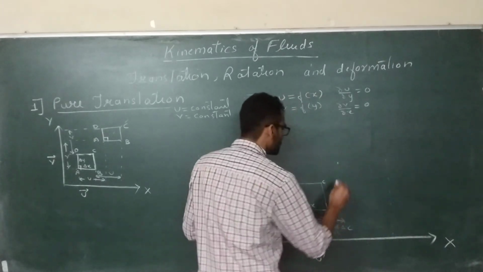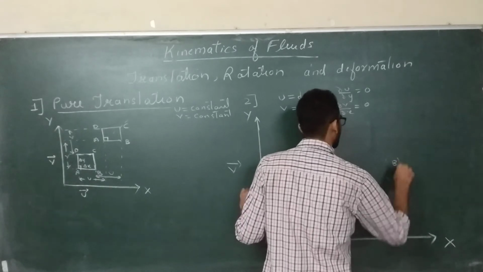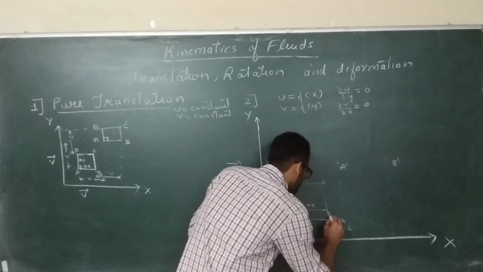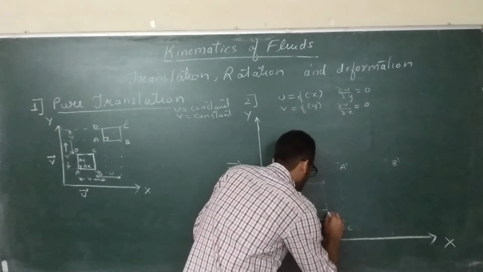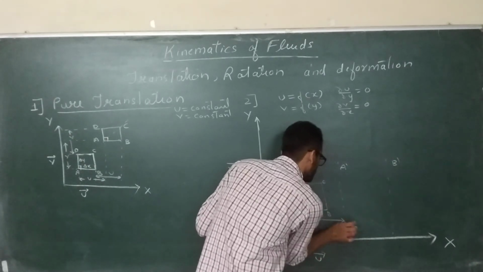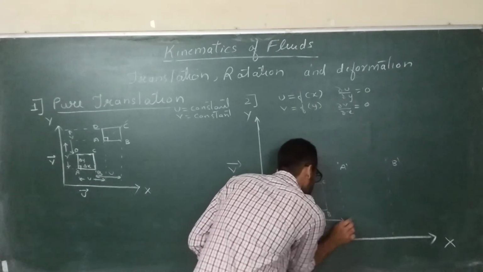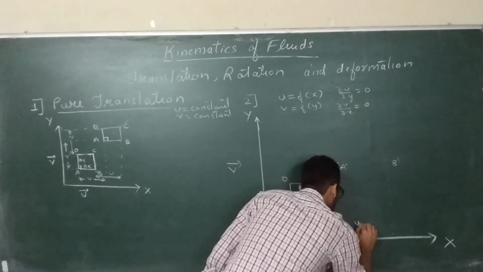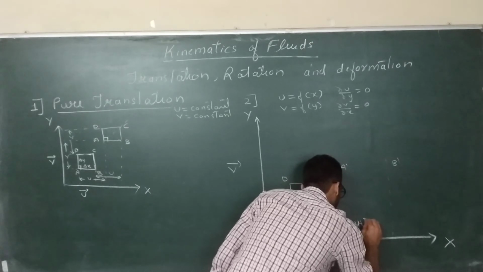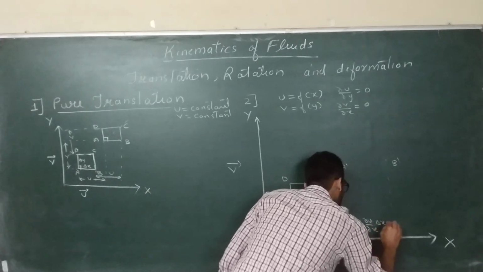So let us say this is A dash and this is B dash. B has traveled u plus del u by del x into delta x.